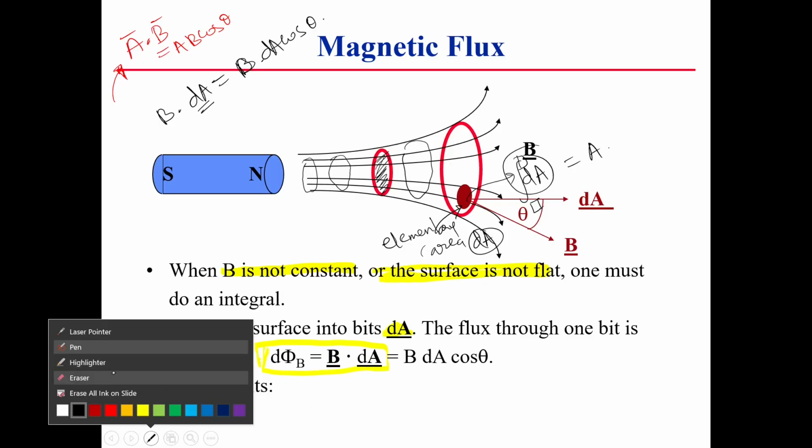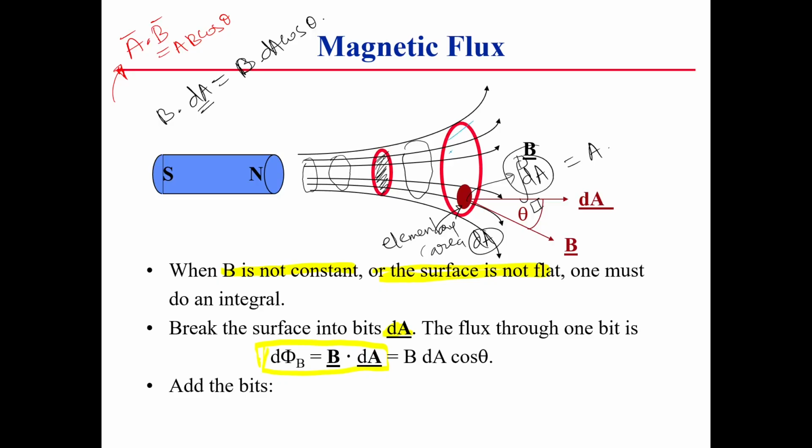Did you get something, or did it just bother you? Be honest. Even if you don't get a lot of things, no worries, eventually you will get it. So here B is not constant. The value of B is changing, and its direction is also changing all the time.